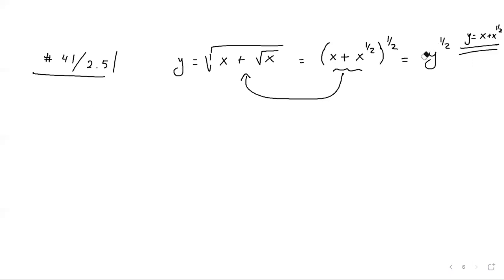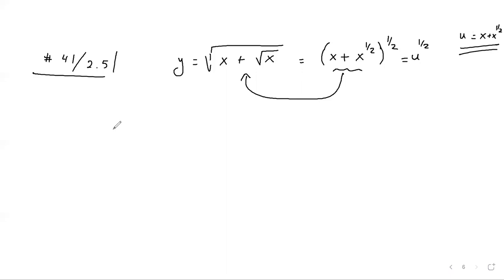So let me put a different letter, folks. Sorry about that. I don't want to confuse you here. Again, I don't want to make confusion between y and this y, which is the name of our function. So this is u to the 1/2, let's say, where u is this expression.